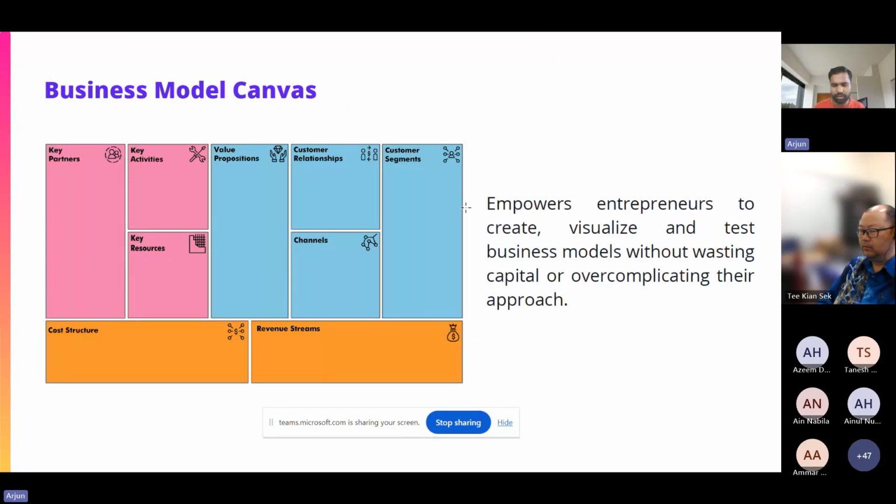The business model canvas is a framework to help you gather and collect all of your thoughts and hypotheses. Basically it helps you visualize and test your business without overcomplicating the approach or wasting too much money.